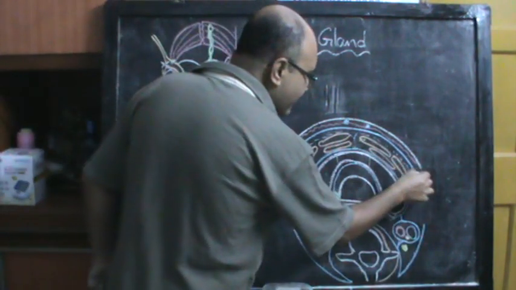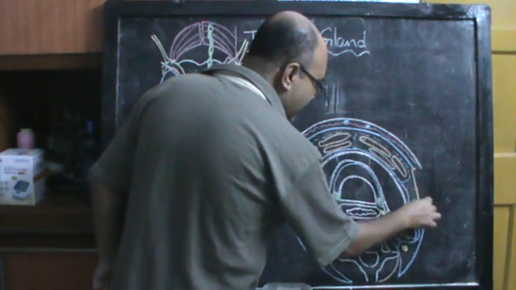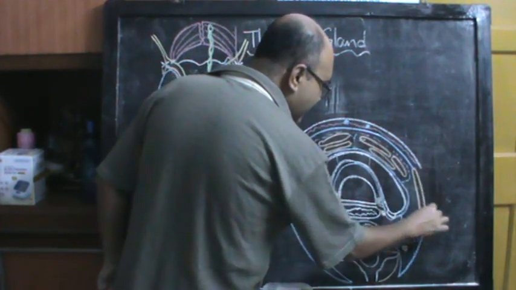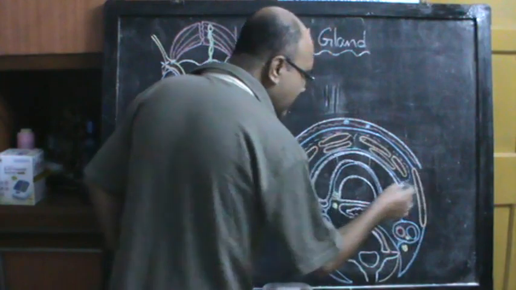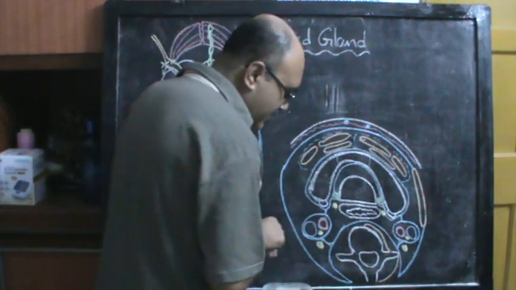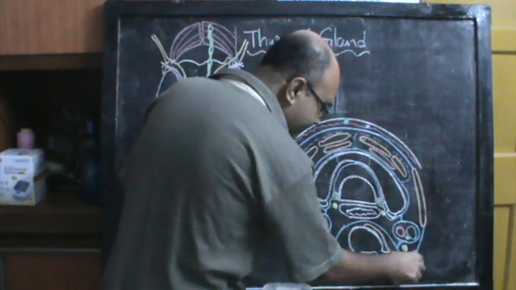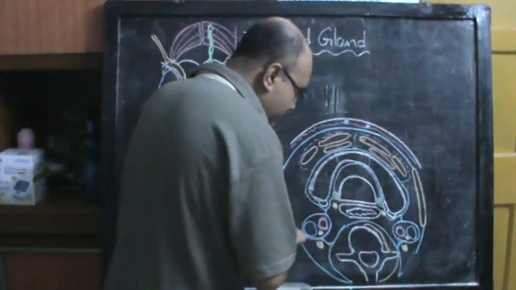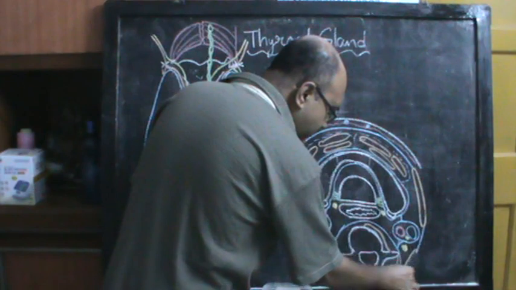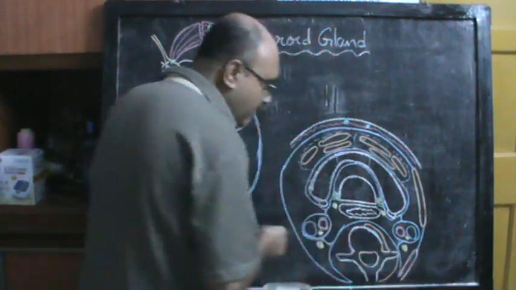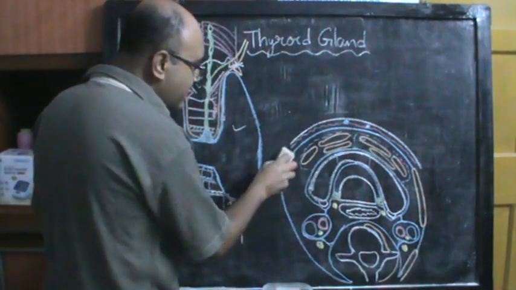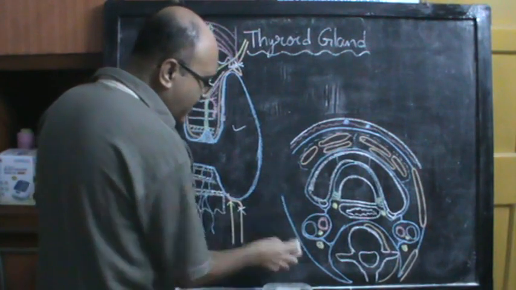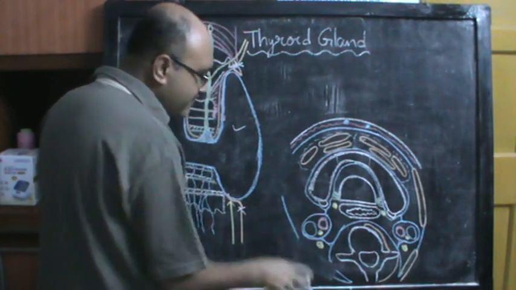So we have not drawn those muscles, let us draw them. The sternocleidomastoid over here and the trapezius somewhere here behind. So we shall draw the trapezius here, and on this side also we shall draw the sternocleidomastoid and the trapezius.